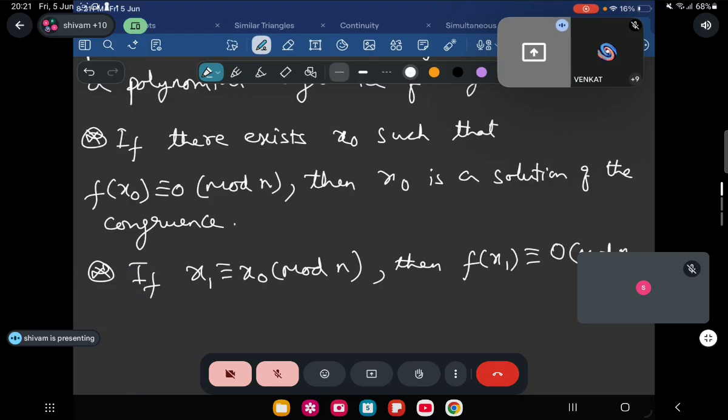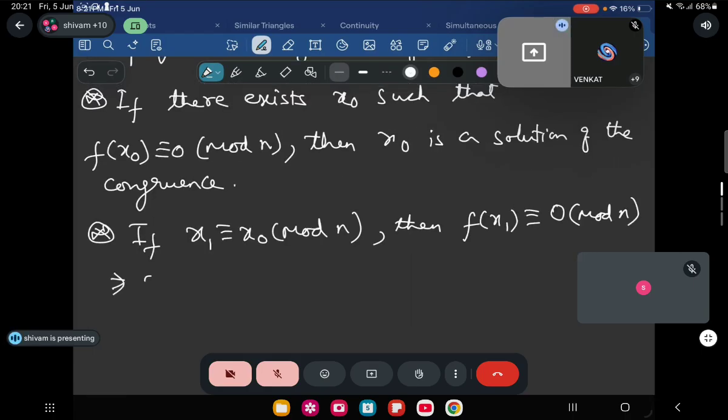Okay, everyone, you'll get another solution of the same congruence. This implies x1 is another solution of the congruence. Are you people getting? Yes or no? Anyone having any doubt, you can ask me. I'll explain. Okay, x1 is also another solution of the congruence.